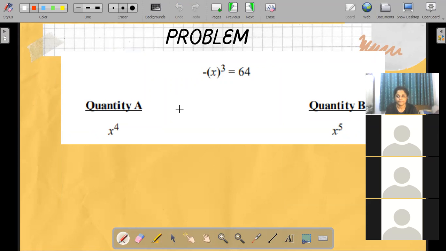Ma'am, option B. Okay, B. So that's Pragati's answer. Let's see what others say. Ma'am, option A. Aarti says A. Shraddha, we are waiting.